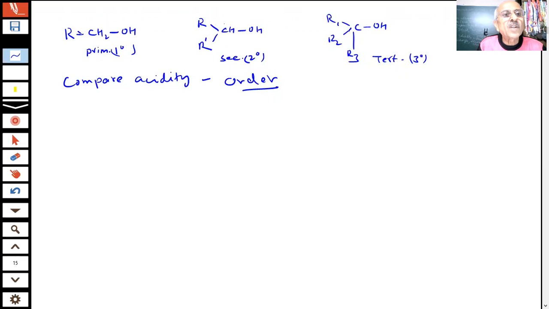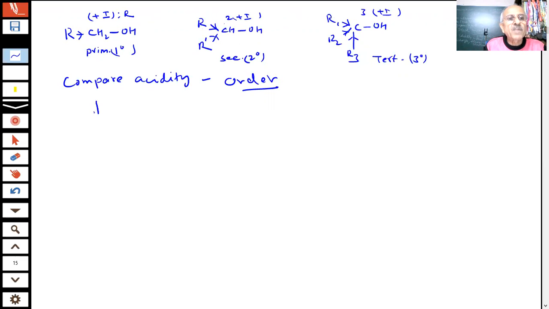These are electron releasing groups. What effect is that known as, students? Plus I effect of the R group. In one case there are two plus I effects, and here there are three plus I effects. What will they do?